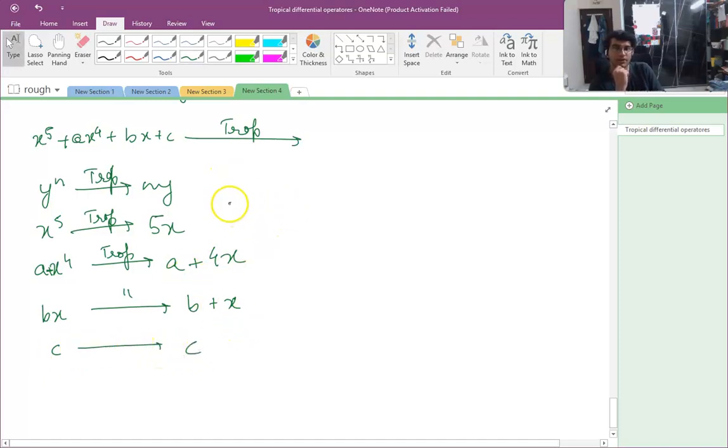Now all of these are under addition, so this converts it to the maximum under tropicalization.